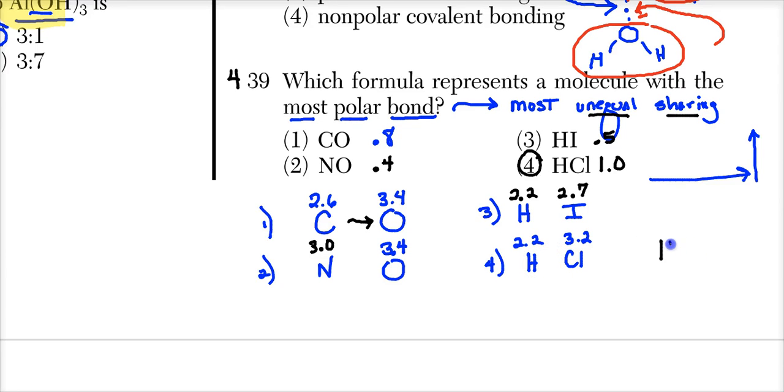So if I have HCl, chlorine would pull this pair that it's bonding with closer to it more so than the other because the difference in electronegativity is greater. Chlorine is that much more electronegative than the H, so it pulls that pair closer, and that's where we get the unequal sharing. Okay, number 39 is 4.